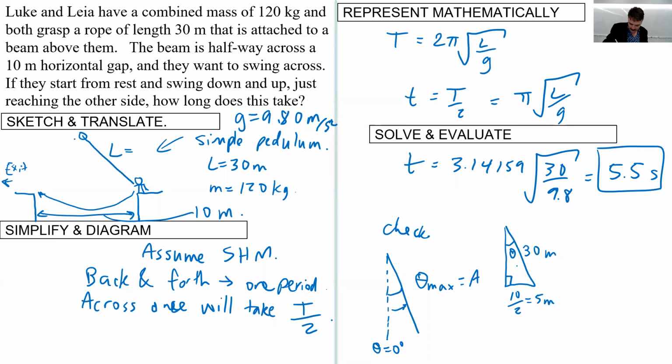So if you look at this theta max, I think that sine of theta max is going to be equal to 5 over 30. So theta max I got is equal to 9.6 degrees. So that's kind of high, but it's less than 10 degrees. So simple harmonic motion is okay. Just to check there.